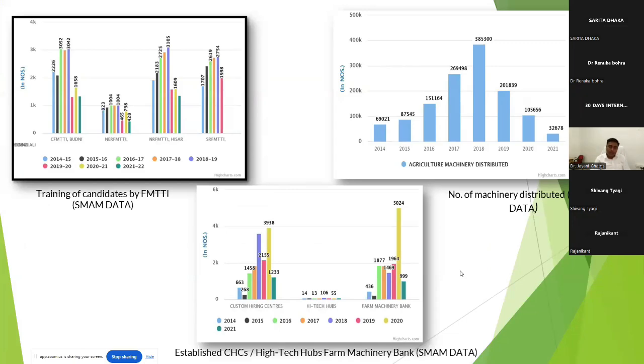This kind of collaborative work of the private sector and government sector gives benefit to the different stakeholders of Indian agriculture.